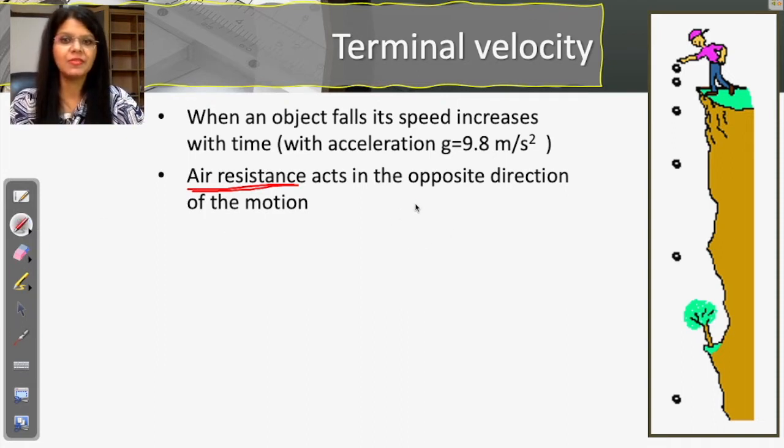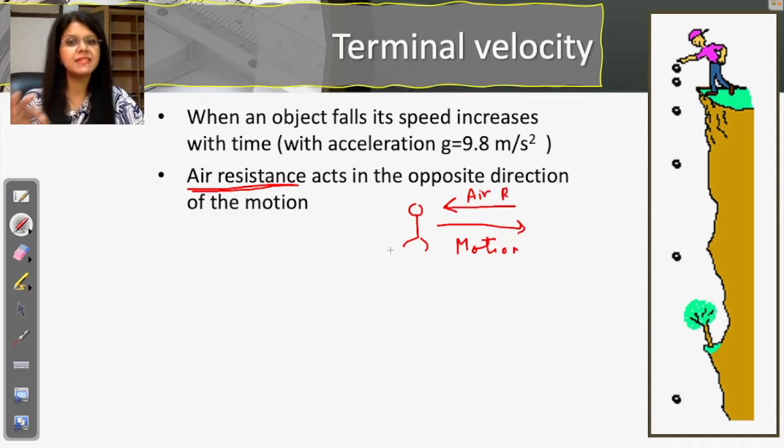So if you are moving this way, that's your motion. You're walking this way. What is the direction of the air resistance? The air resistance is always in the opposite direction. The fundamental thing about air resistance is that it is always in the opposite direction of the direction of motion.